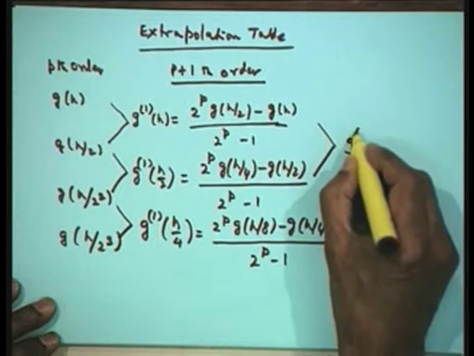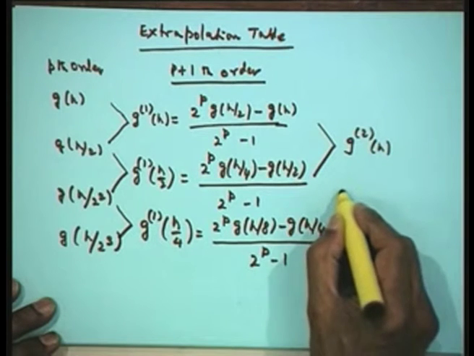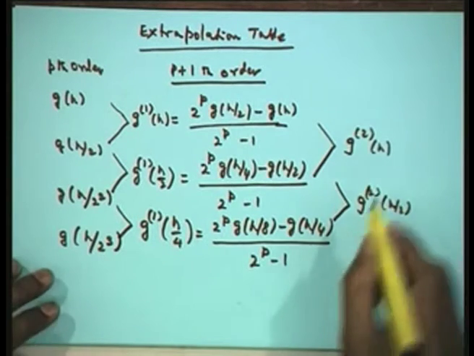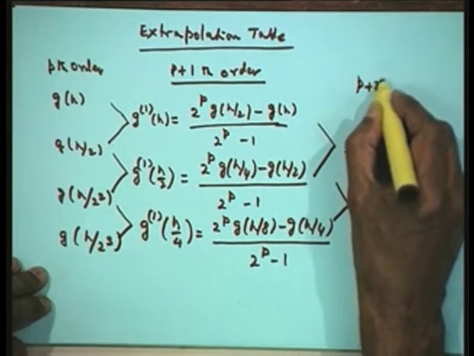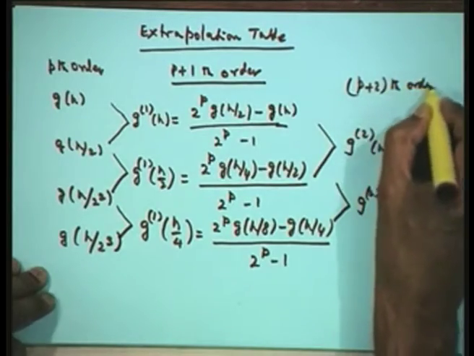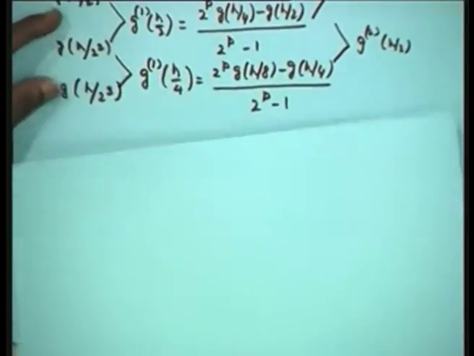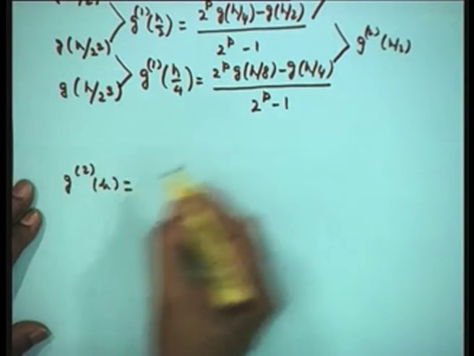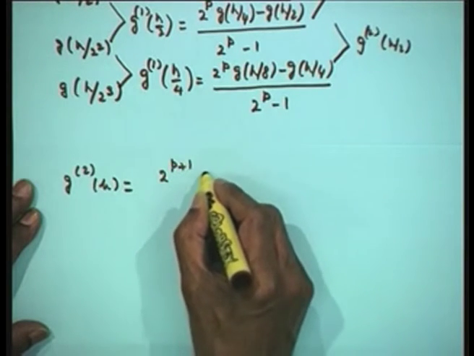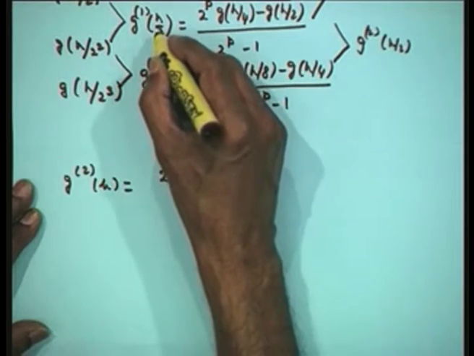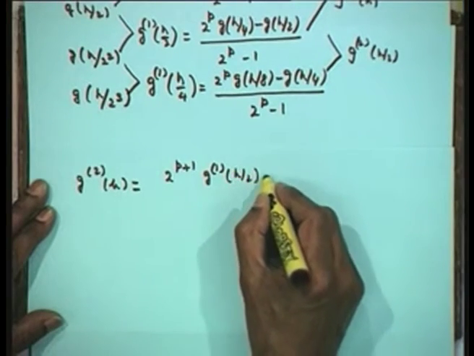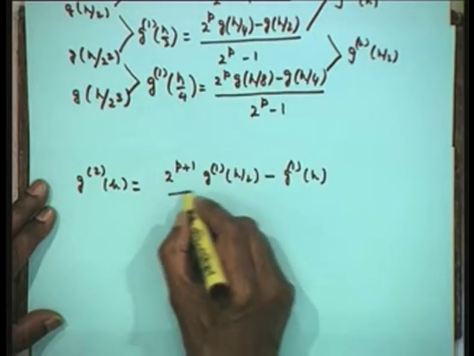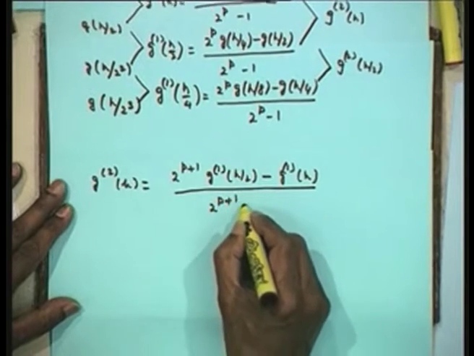So, I can now have here g 2 of h, we will write down the value in the next page. So, g 2 of h by 2. So, this behaves like a p plus 2th order formula, where g 2 of h is equal to 2 to the power of p plus 1 g 1 of h by 2 minus g 1 of h, that is this and this, divided by 2 to the power of p plus 1 minus 1.